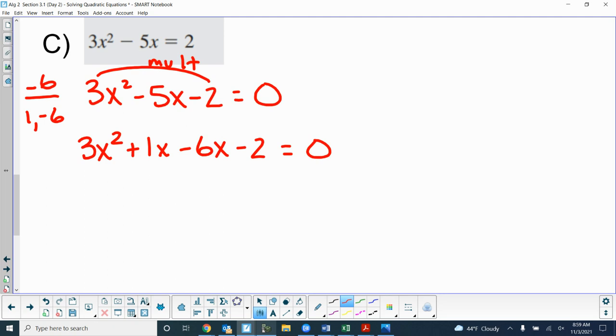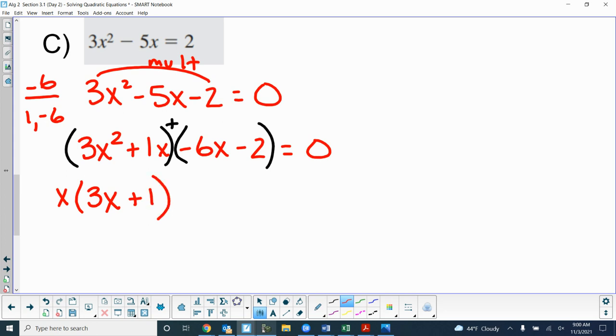So we grouped the first two, last two, and since our 6 has a negative in front, we put it inside the group. All right? So what's the GCF of the first group? 1x, right? Or just x. And what's 3x squared divided by x? Thanks, you guys. What's x divided by x? 1, thanks.